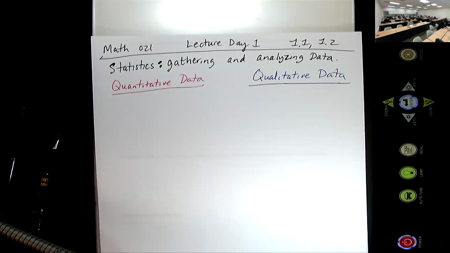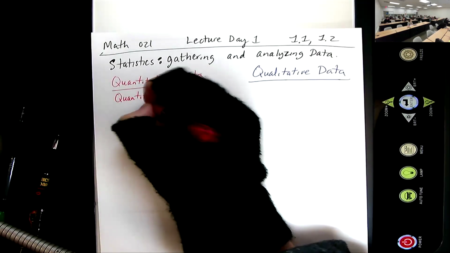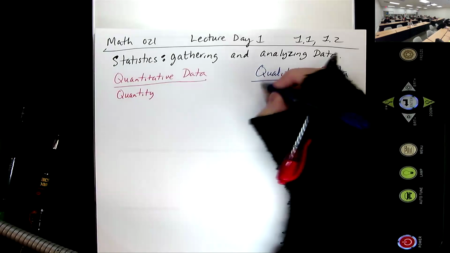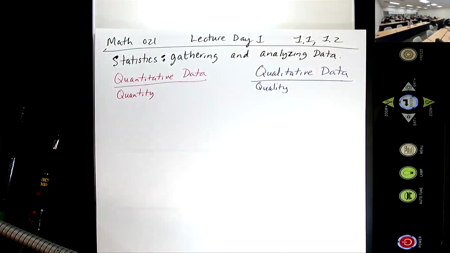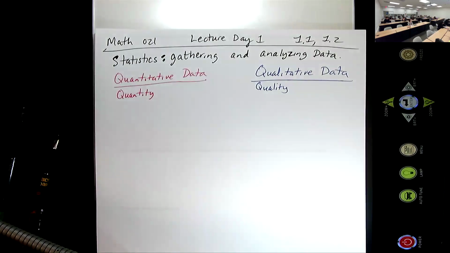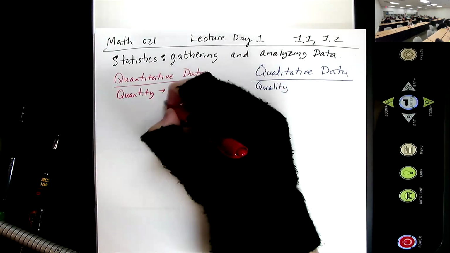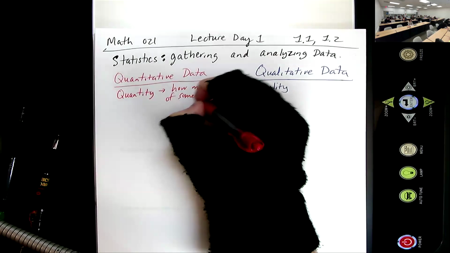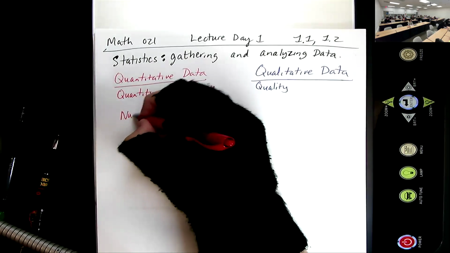Yeah, it looks like quantity and quality, right? Quantity is like how many of something, it's a number. So quantitative data is definitely gonna be numerical data.